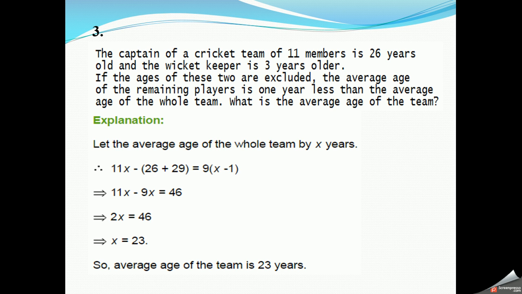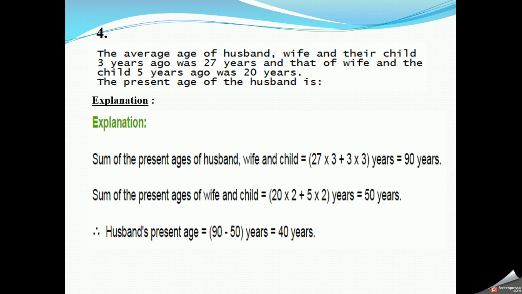The average age of the remaining 9 players is 1 year less than the average age of the whole team, so the statement is 11x minus (26 plus 29) equals 9 multiplied by (x minus 1). When we solve this small calculation, we get x equals 23, and 23 is the average age of the team.